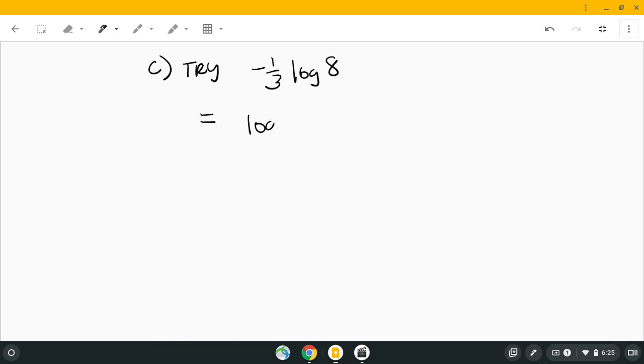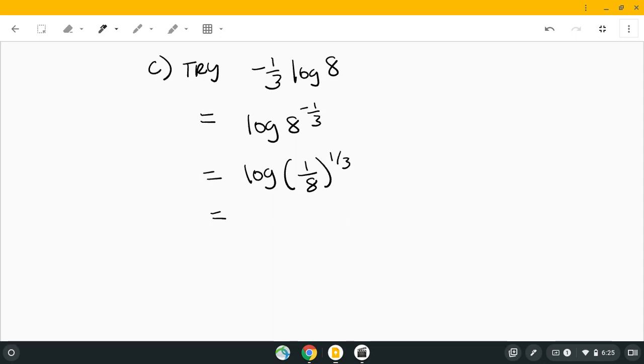So I'm going to rewrite this as log of 8 to the negative 1/3. A 1/3 exponent is the same thing as the cube root, but then we have to take the reciprocal of 8. So I take the reciprocal of 8, and now I can take the cube root of 1/8.